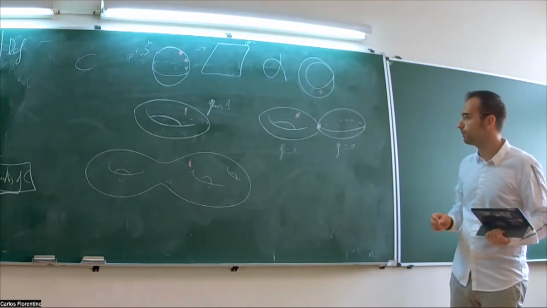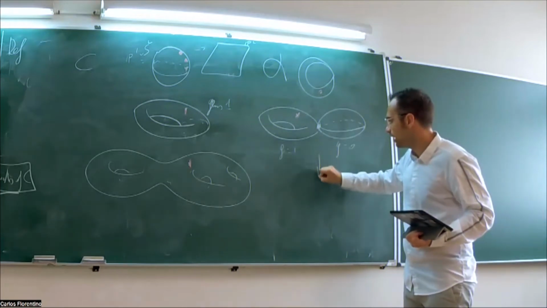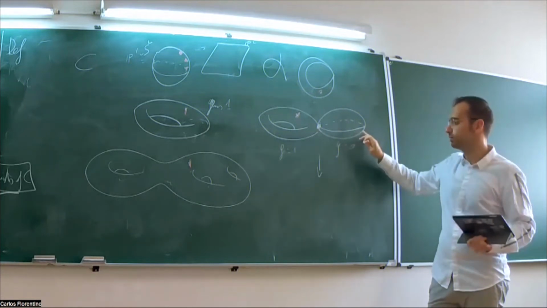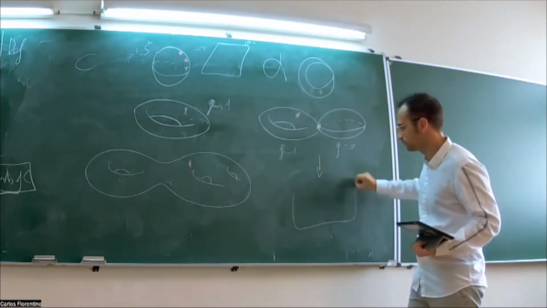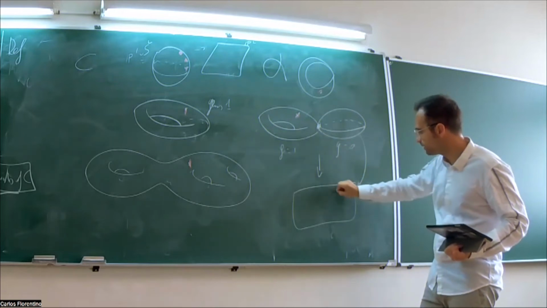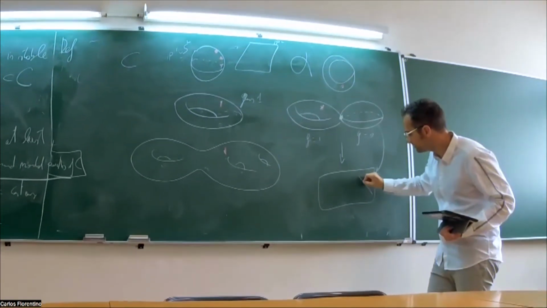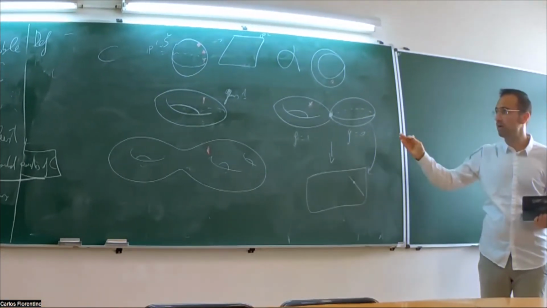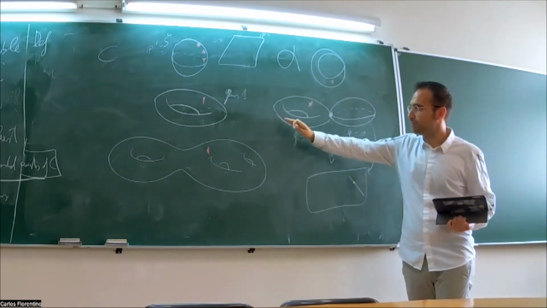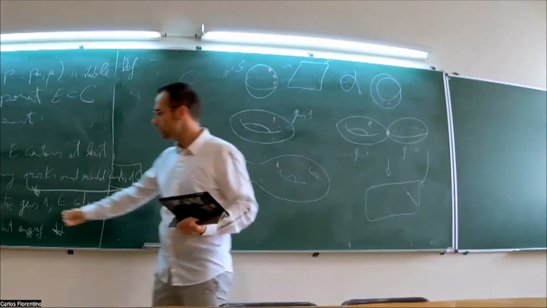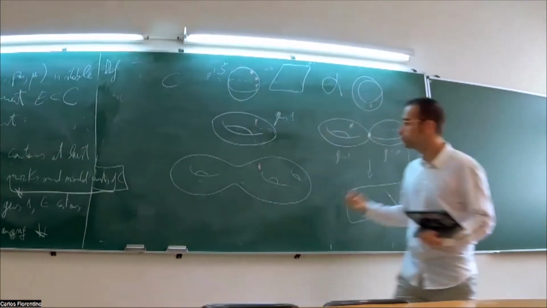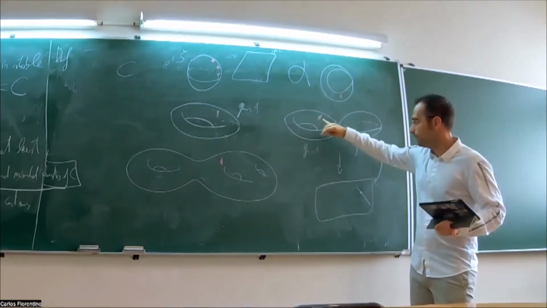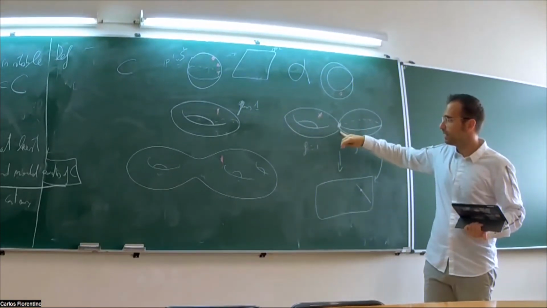So for example, we may have a map from this object where this part is contracted and this is not. This component is mapped to a line, and this is contracted to a point. This is stable because the contracted part has genus 1 but has two points among marks, a marked point and a singular point.